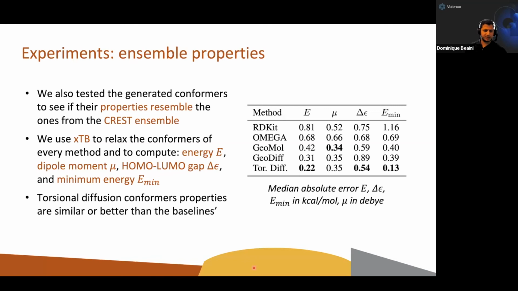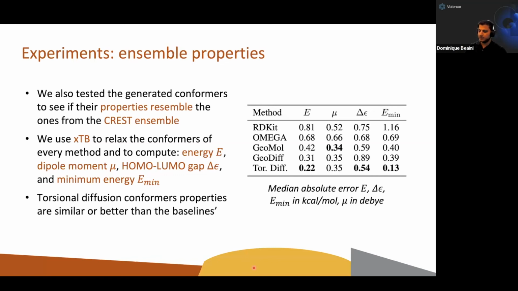Also, something that's very important when we do conformational generation, and that's worth mentioning, is that it's not simply about generating all the distribution of conformers. The most important thing is the conformers that have the highest probability of being available, like at room temperature in water, right?